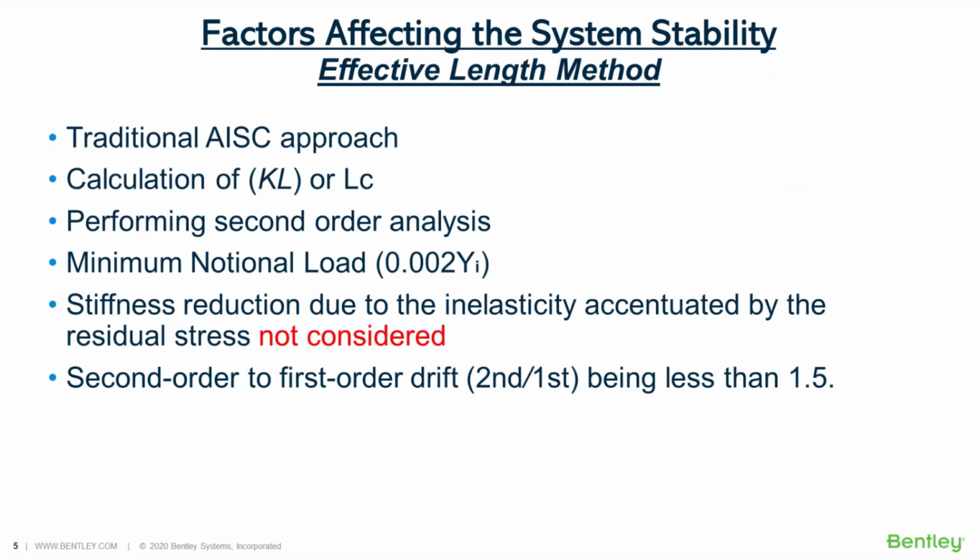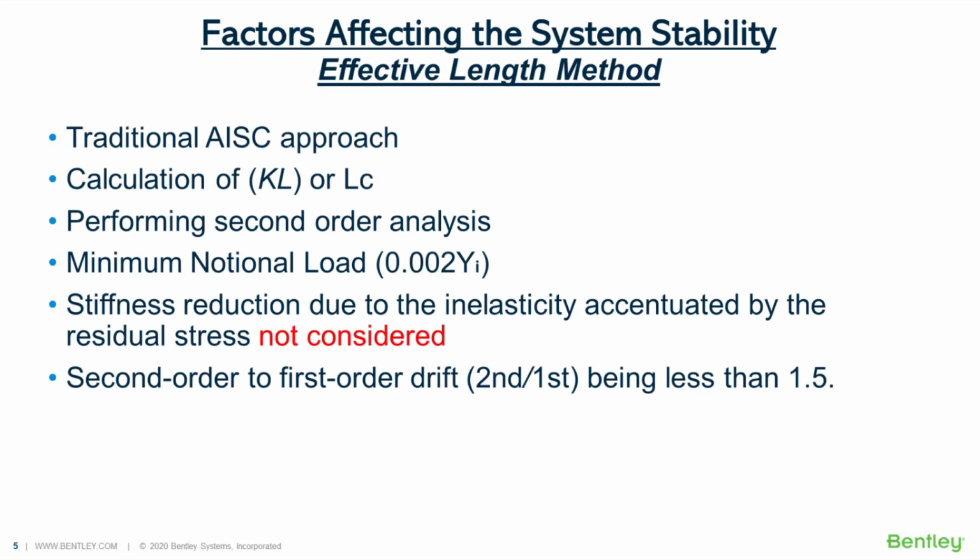A few of the characteristics associated with the effective length method are mentioned below. This is a traditional approach where we need to find the effective length factor by the alignment chart or the effective length by any procedure like buckling analysis. This method also requires the consideration of the second order effects like P large delta and P small delta.